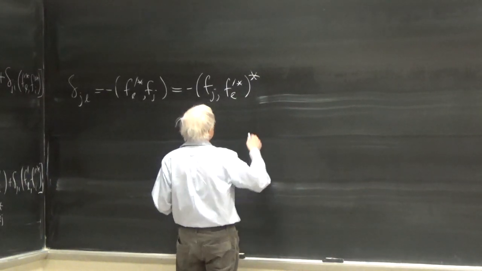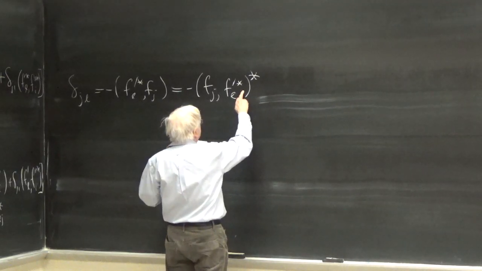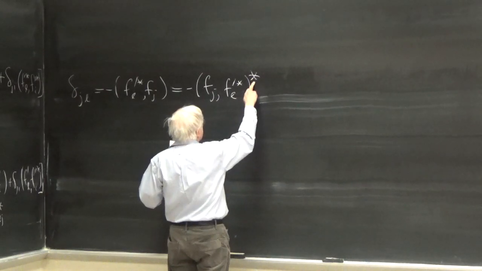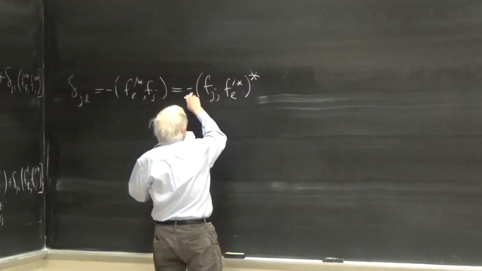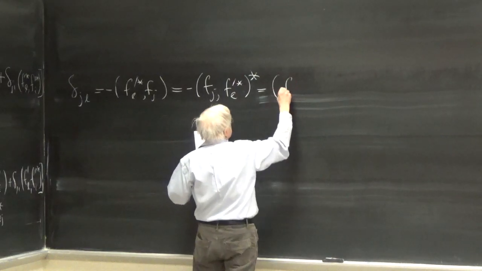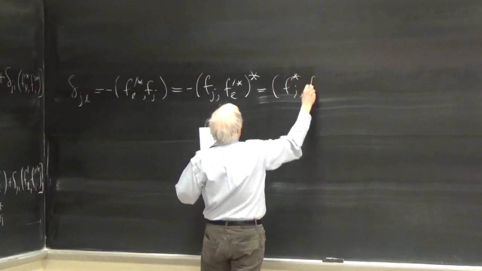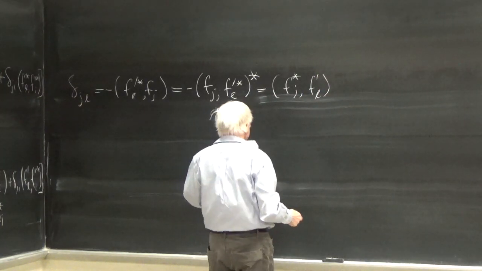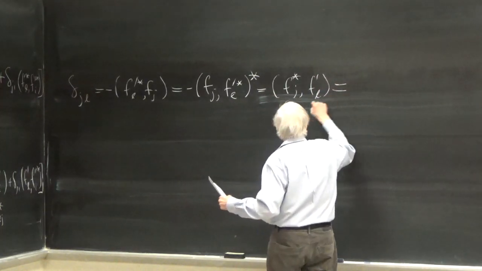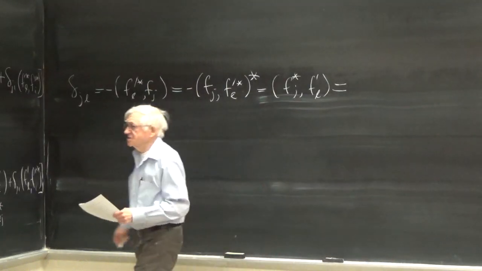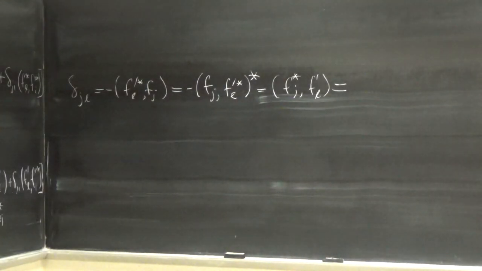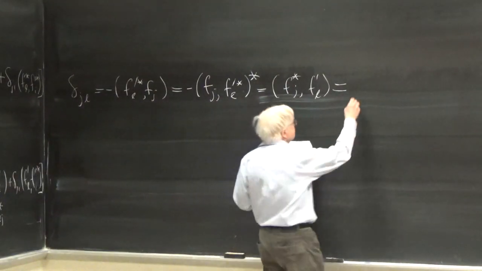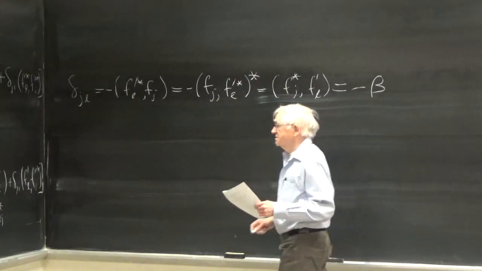On the other hand, the other property, whose name I don't know, means that you can bring the star inside at the cost of a minus sign. So this becomes F star J F prime L. Now we recognize this as an F star F prime. An F star F prime is a beta with a minus sign, and so this is minus beta something.